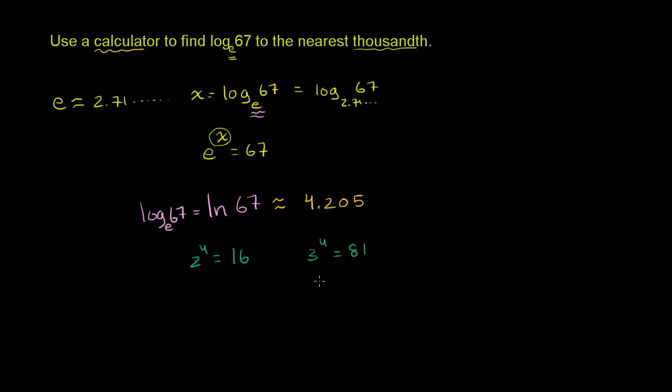So at least it feels right that something that's like 2.71 to a little over the 4th power should get you to a number that's pretty close to 3 to the 4th power. And actually that makes sense because 2.71 is closer to 3 than it is to 2. So this feels right, that you take this to a little over the 4th power, you get to 67.